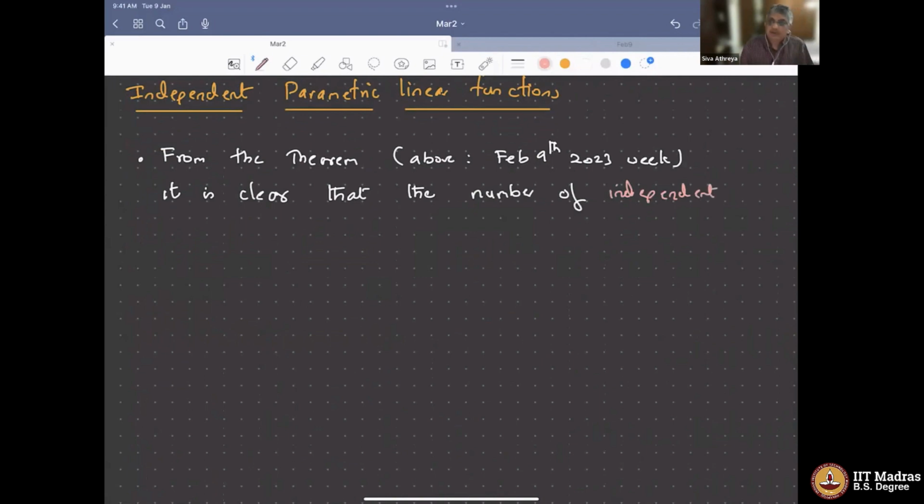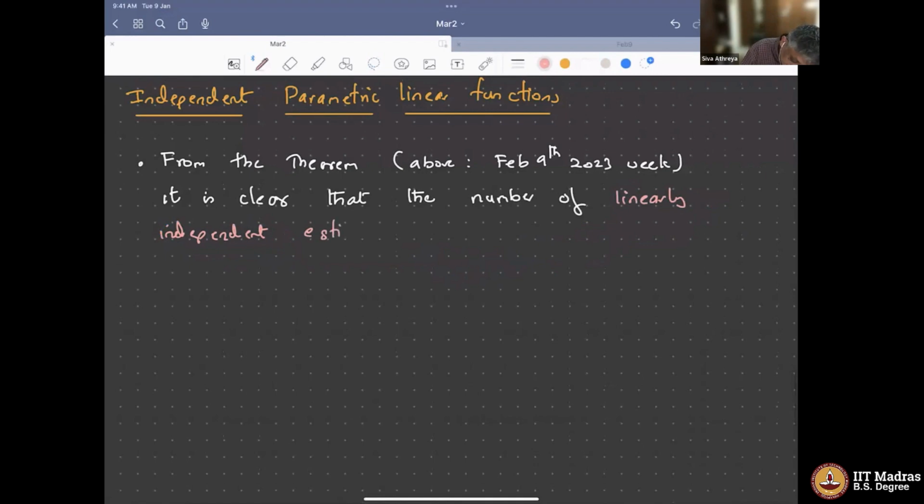Maybe I should be clear: the number of linearly independent estimable linear parametric functions, that is of the form P transpose β, is how many are there.